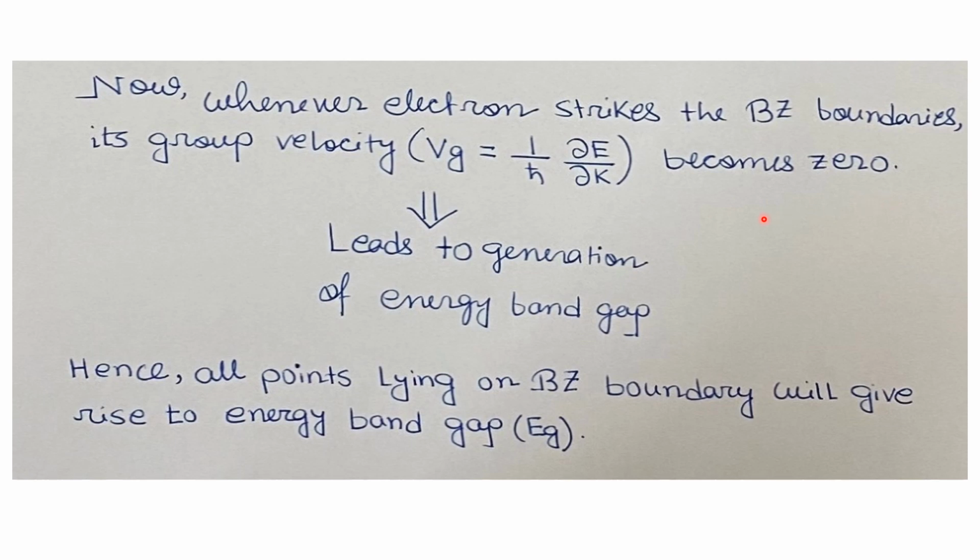What does it mean? It leads to the generation of an energy band gap at the Brillouin zone boundaries. Hence, all points lying on Brillouin zone boundaries will give rise to an energy band gap in the crystal structure.